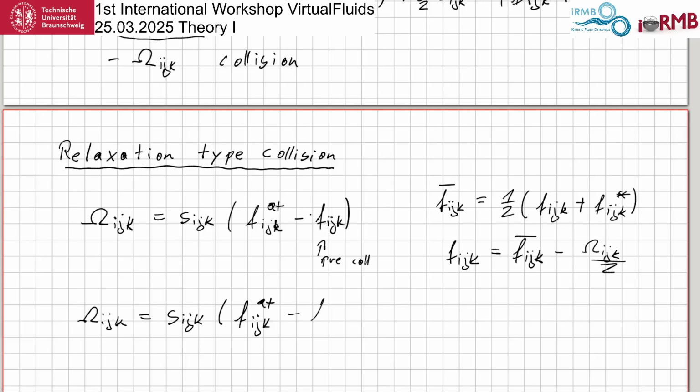Now we're replacing this with Fijk over bar, plus, because there are two minus, omega ijk half. And now you see, and we cannot overstate how important this is, that for this Fijk over bar, this has become an implicit collision operator.